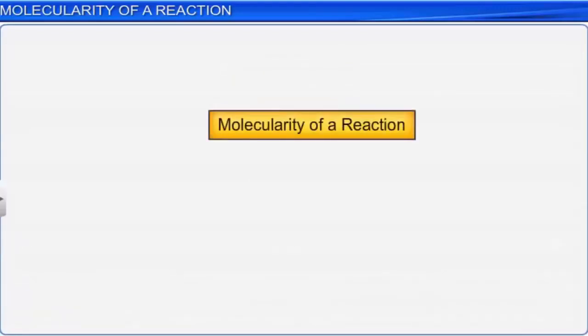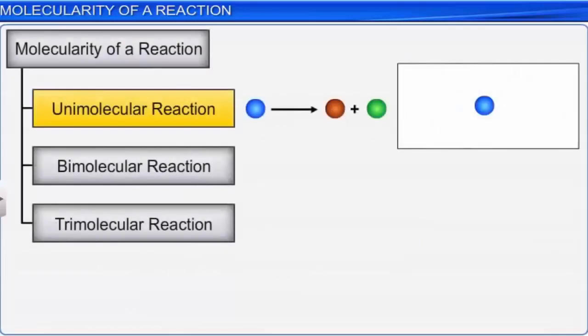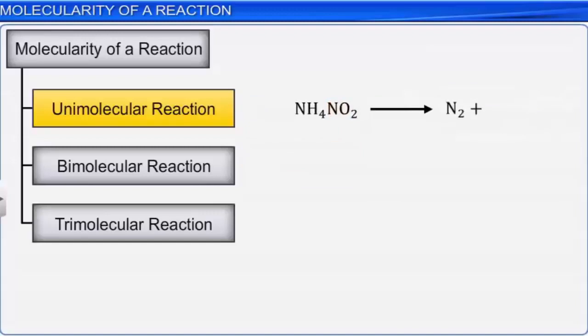Molecularity of a reaction is the property that helps us understand the mechanism of a reaction. A reaction in which only one molecule takes part is known as a unimolecular reaction. For example, the decomposition of ammonium nitrite.